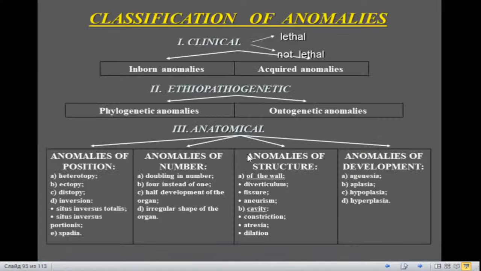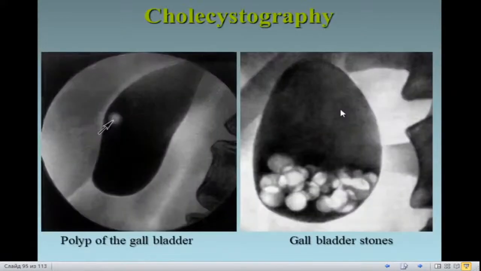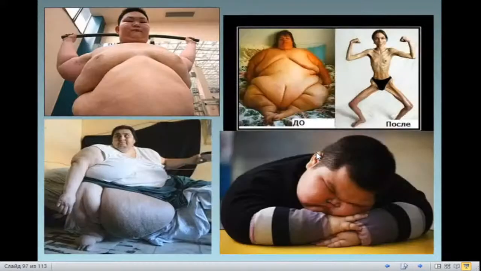Now, anomalies, I will just say it in brief because we do not have too much time to study. Moreover, during your second year, we'll pay more attention to the formation of anomalies. So this is just a plan of how anomalies are classified and how they are called. Because of the different structure, they may be quite different, and you will see them later.